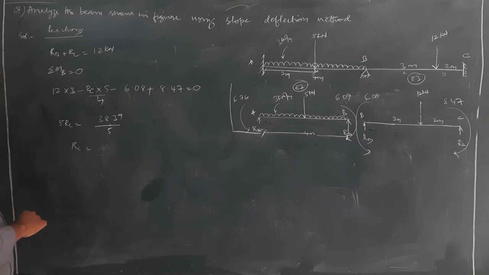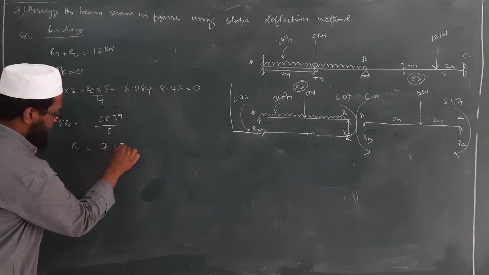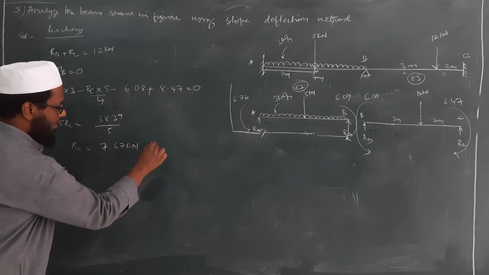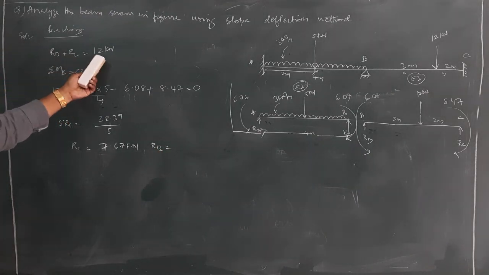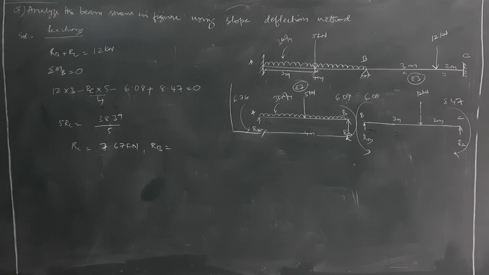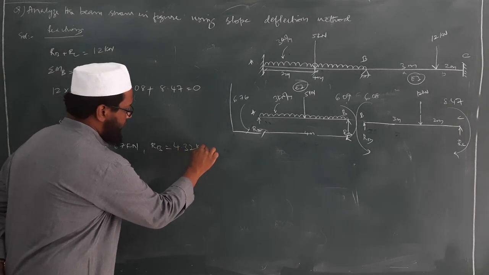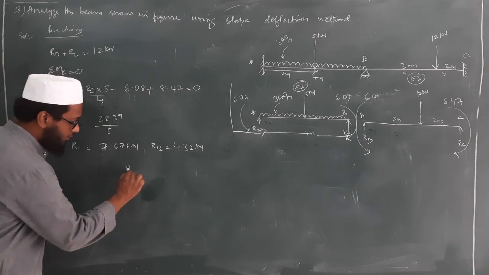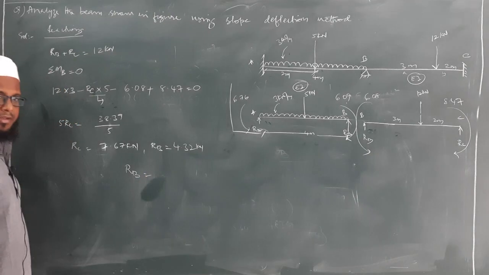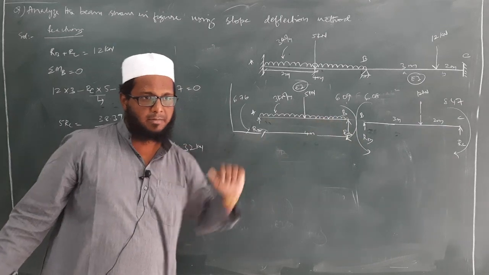So what is the value of RC now? 7.67 kilonewton. What about RB? Substitute here, 12 minus 7.67, 4.32 kilonewton. So what is the value of final RB now? Final RB means from this RB and this RB.